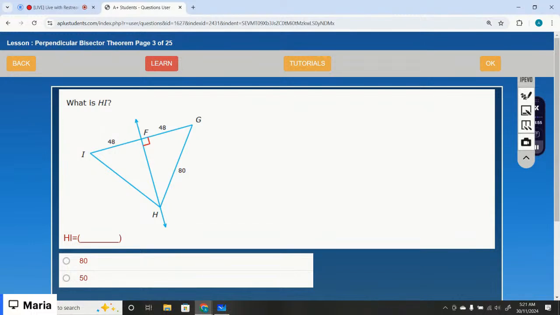What is AHI? 80. Option number 1 is the correct option.